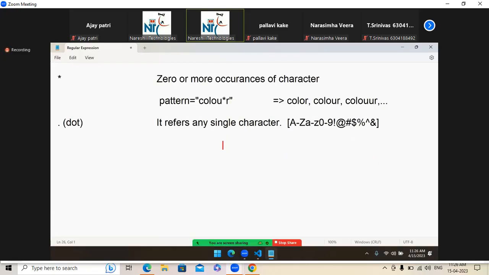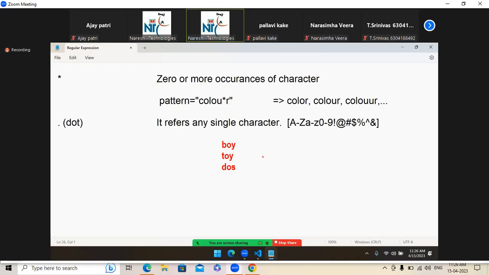Suppose we have boy, toy, dog, like this. How to refer to these? What is the similarity? All are having O in the middle, one character before, one character after.